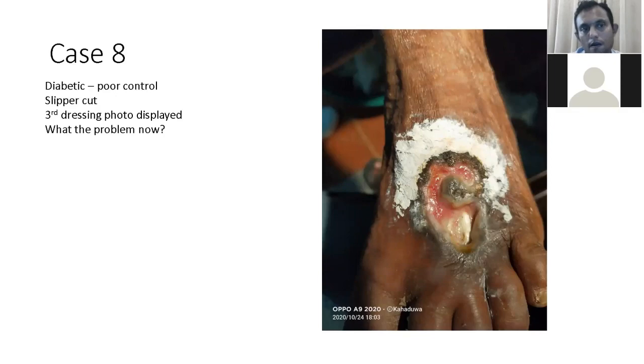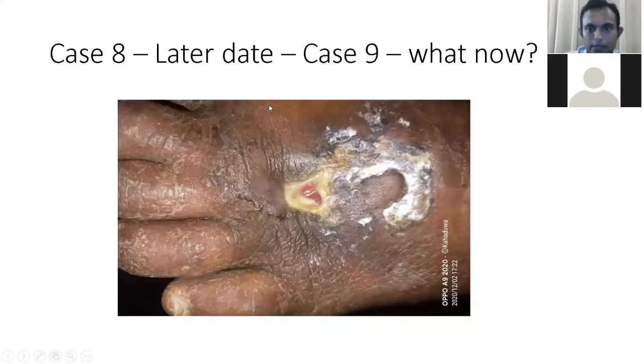So what should we do? We can use a silver dressing on this part, and a little bit of Metrogel and Vaseline on the other part. So a composite dressing, which will be way cheaper. At a later date, as I told you, all the rest healed, and this is left. So what should we do now?